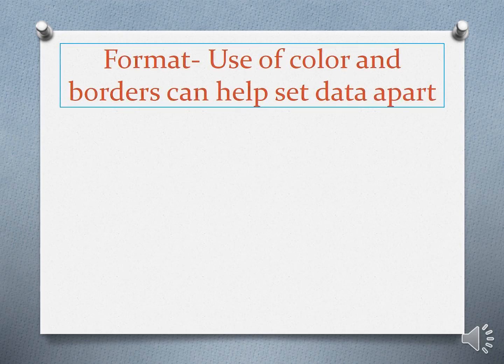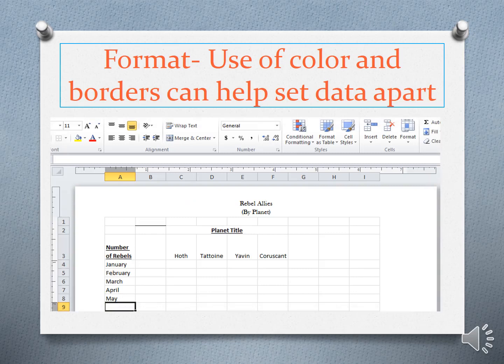Format. The use of color and borders can help set your data apart. As you can see here, we kind of just put in a title on the document, the header, then we titled it, then we have the months going down, and then we have across the sides.